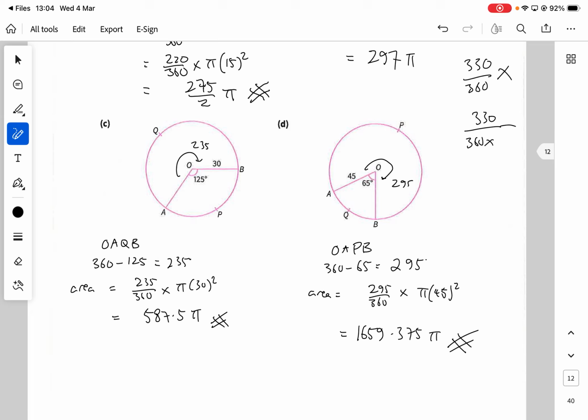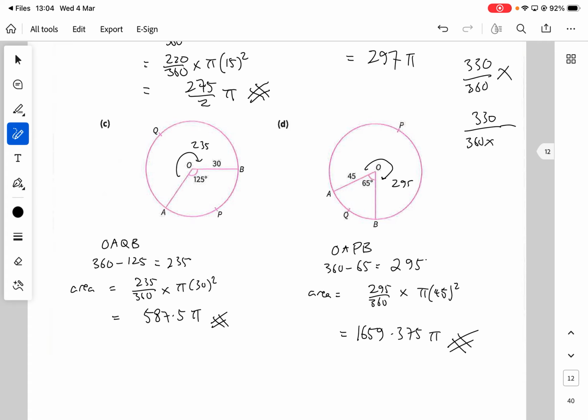Okay, question 3, we want to introduce another new name. You read the question first. Diagram shows a sector OACB, so this piece of pizza. Centre O, OA is 7.2, angle AOB is 135.